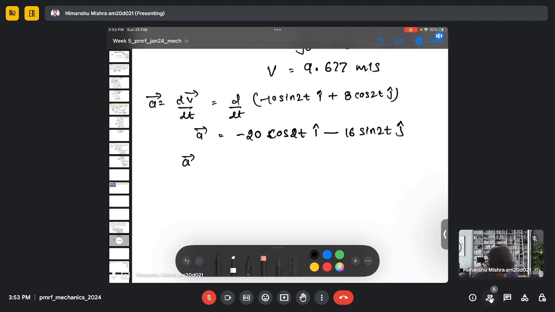And the acceleration vector at time t equals 1 will be minus 20 cos 2 i minus 16 sin 2 j.